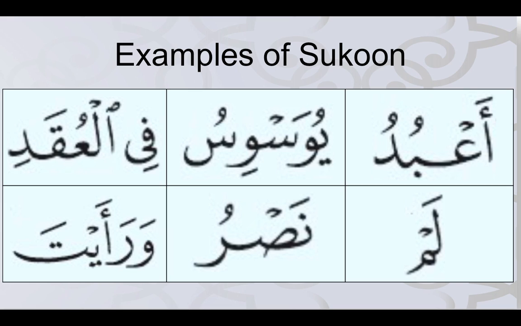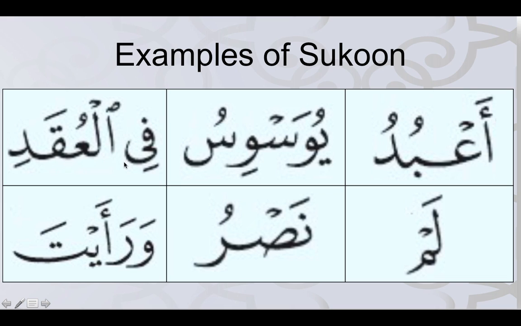In this one, we're skipping two, but sometimes you skip four letters to combine a letter with a harakat with a sakina letter. In this case, we're skipping this ya and this hamzatul wasl.